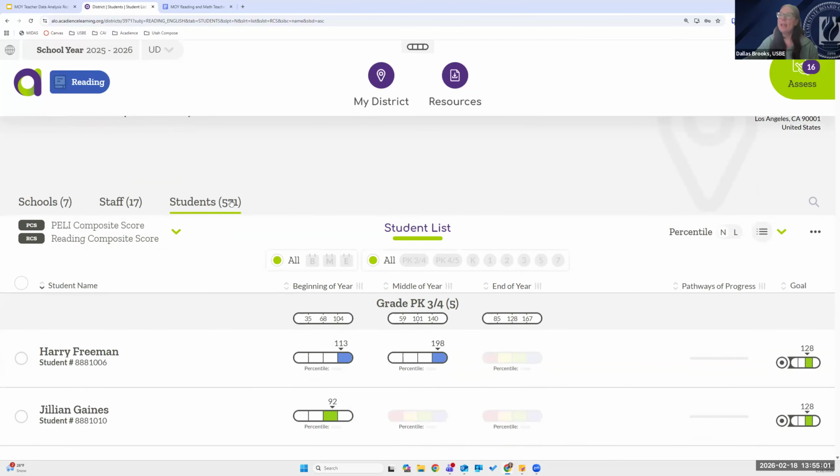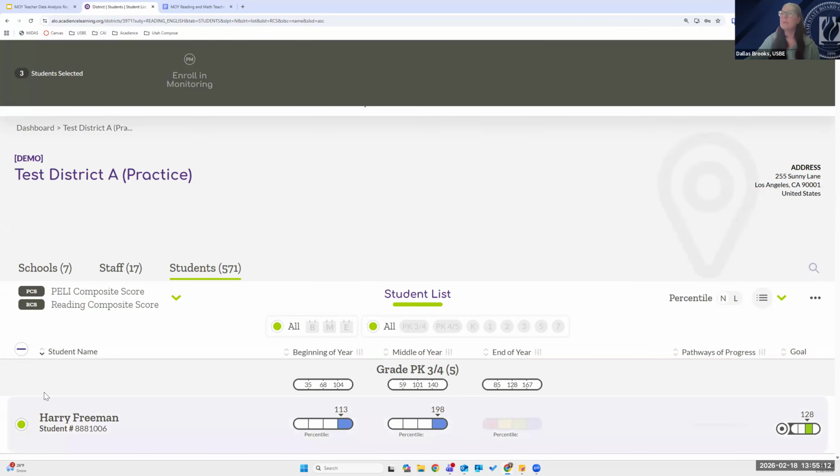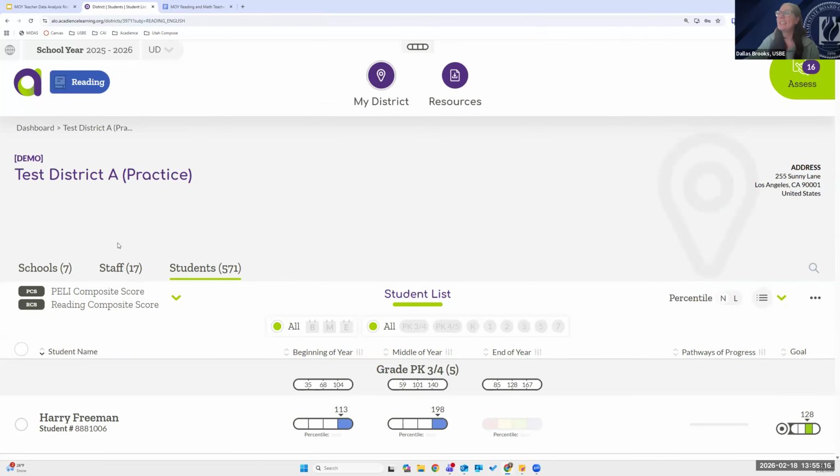So what you would do is click onto your students, and then each of them have these little radial dials next to their name. So you would just click on the radial dial of, oh, that's not working for me. Give me 1 second to play with it. It always takes me a second to remember how to create groups. And Jared, if you remember how, you can jump on too.